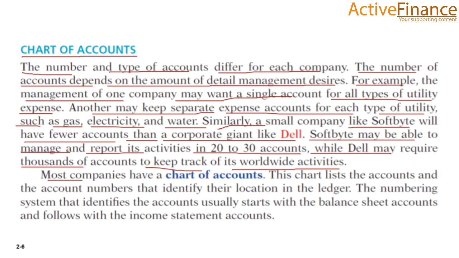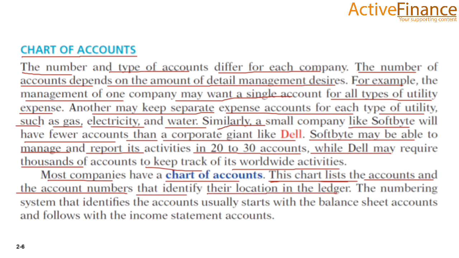So most companies have a chart of accounts. This chart lists the accounts and account numbers so that we can easily identify an account through its number and its location in the general ledger.